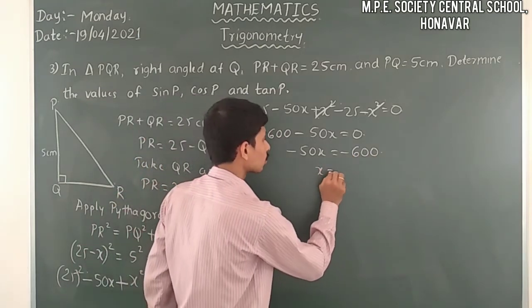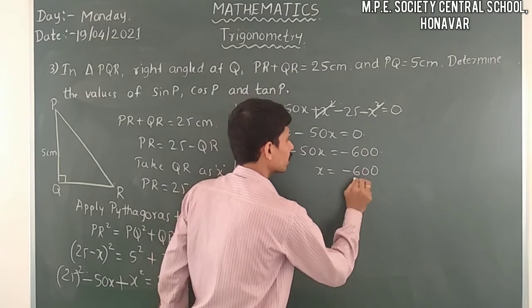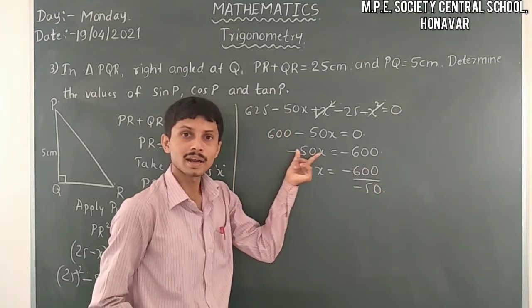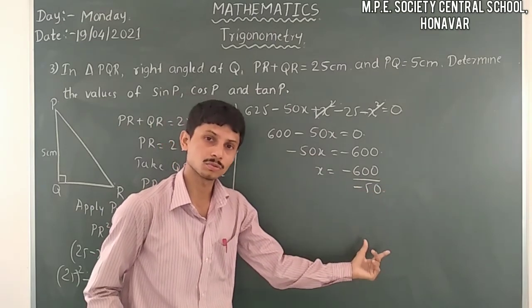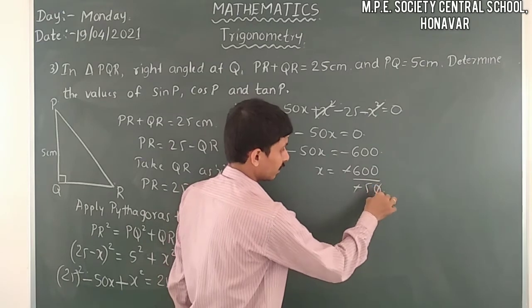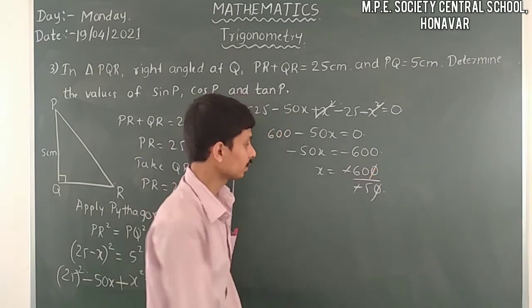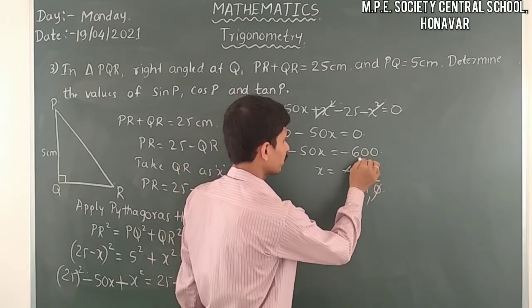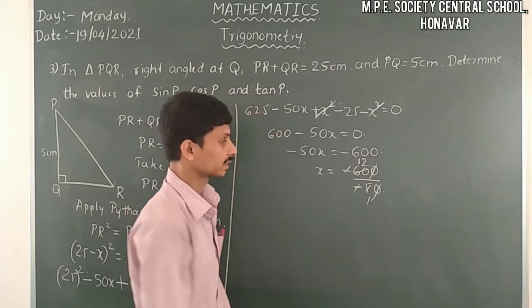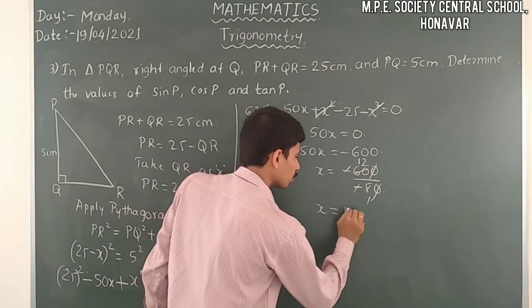Then x is equal to minus 600 divided by minus 50, because 50 is multiplied and after transposing it moves into the denominator. The minus signs cancel, and 0 and 0 cancel. 5 into 1 and 5 into 12 is 60, so x is equal to 12.